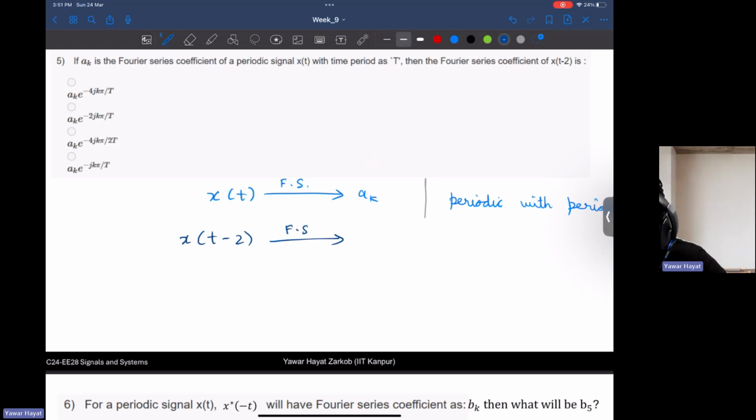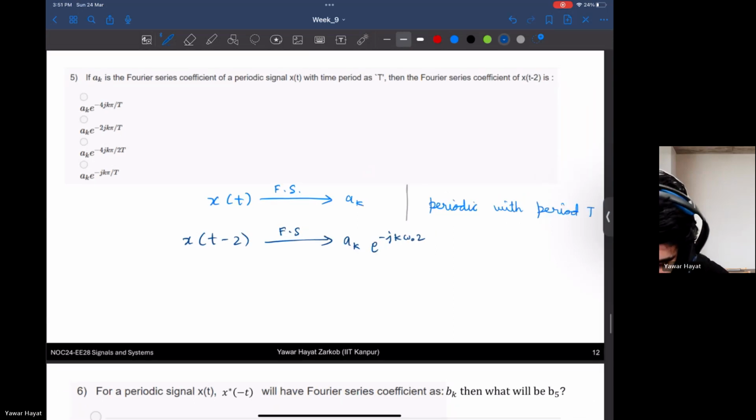But it would be a complex exponential factor multiplied. So we'll have ak exponential of minus jk omega naught times 2, right? Because it was shifted by 2. What is this omega naught? This omega naught would be 2 pi by T.